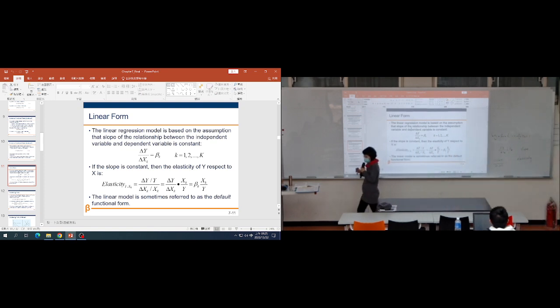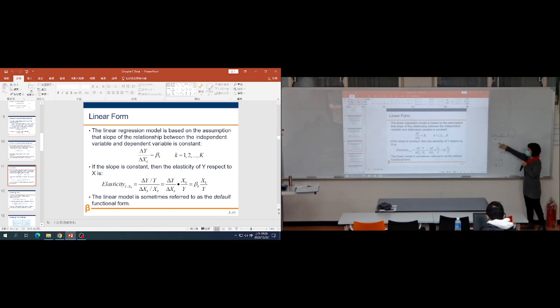Therefore, look at our semi-log form. We have two semi-log forms. One is log x and the other one is log y. If we have the log in y, it means just take the log in y only instead of x.